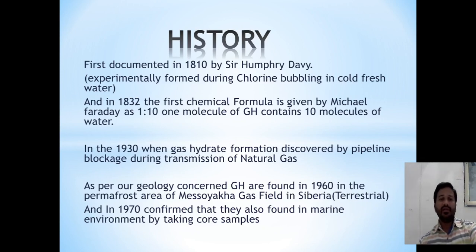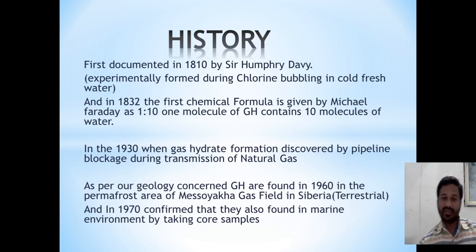After that, in the 1930s, gas hydrate formation was discovered through pipeline blockage during transmission of natural gas. As per our geological concern, this gas hydrate was found in 1960 in the permafrost area of the Messoyakha gas field in Siberia.